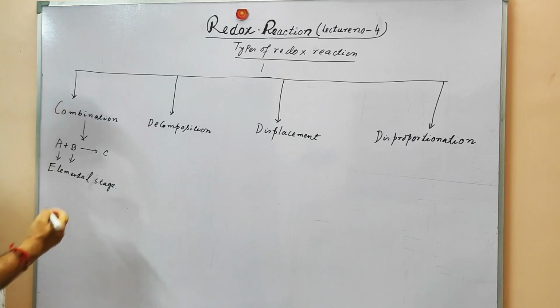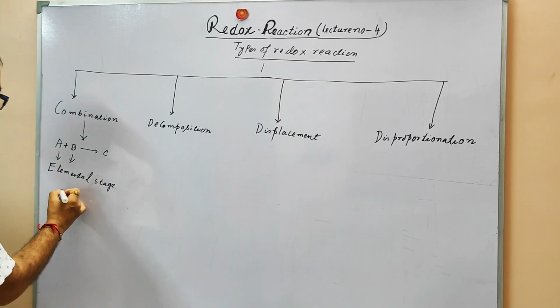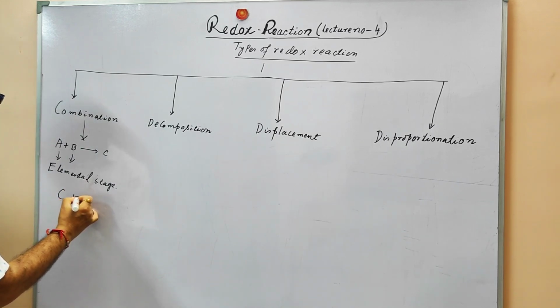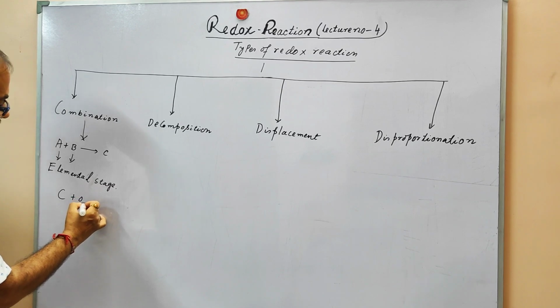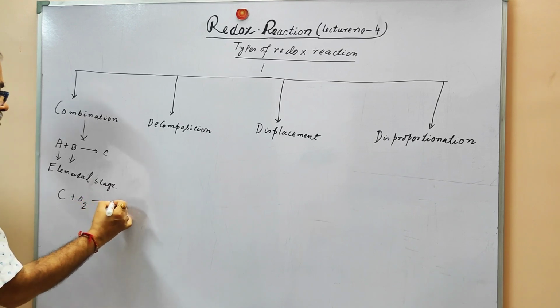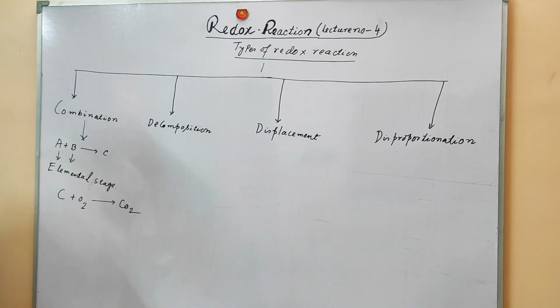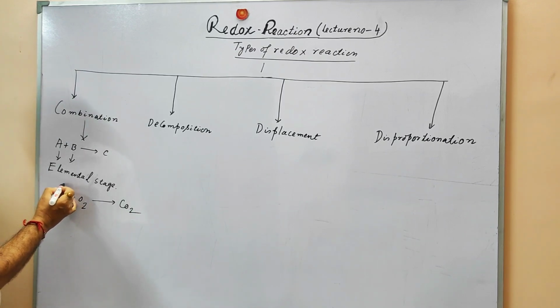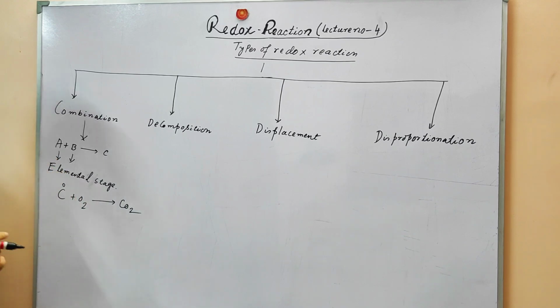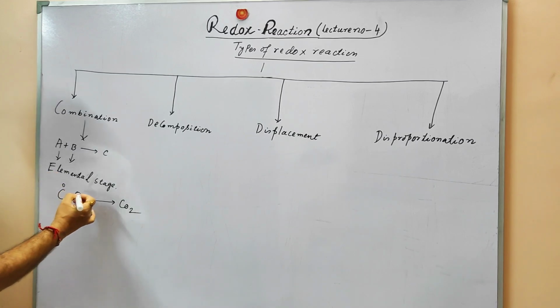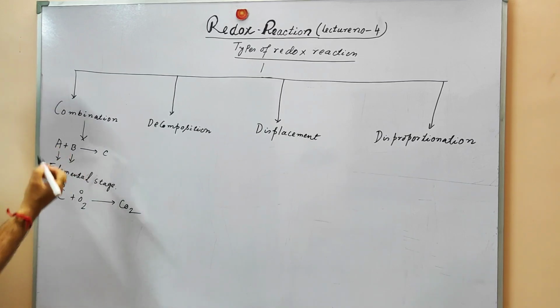And what is an example? Let us understand one example: carbon plus oxygen produces carbon dioxide. A very common equation. Here you can see carbon has zero oxidation number because it is in the elemental stage, and oxygen is also in the elemental stage.